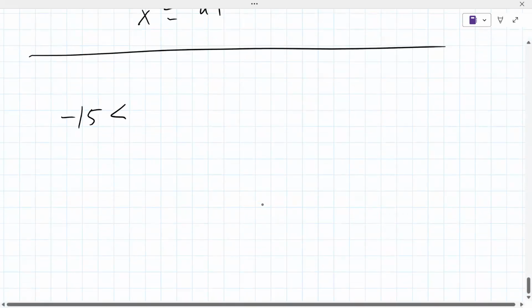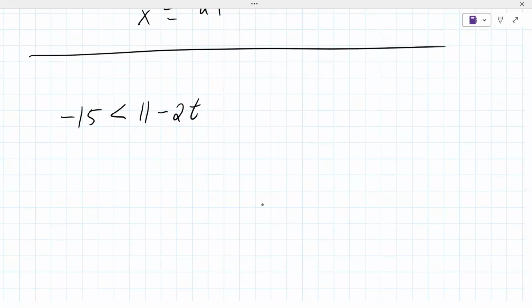-15 less than 11 minus 2t. T is greater than -2.